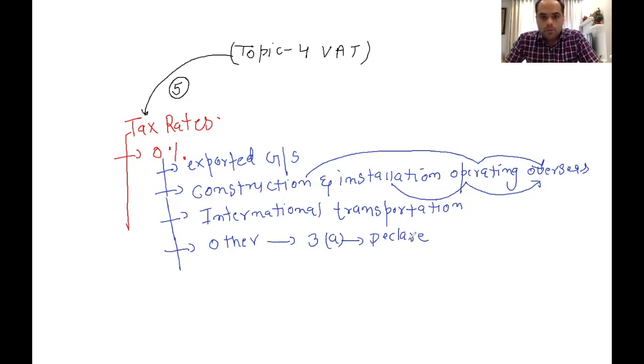Okay, so now we move on to the next rate. Let's move on to the next page. Tax rates. The next tax rate is 5%.